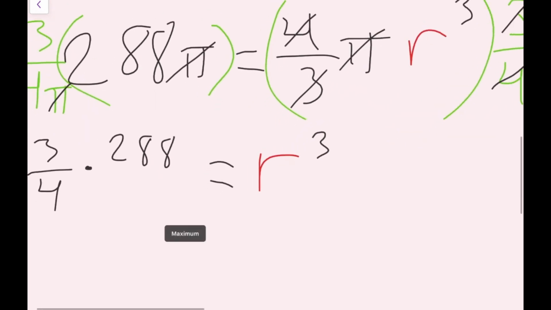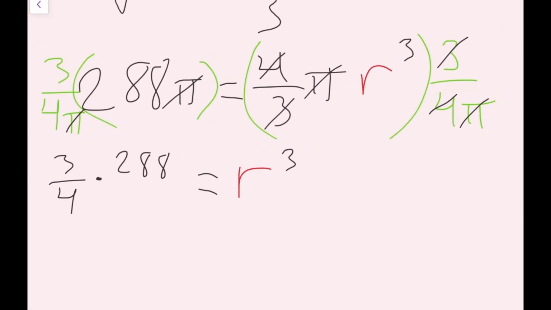So now I'm looking at this fraction 3/4 that is being multiplied by 288. Well, I know that 4 goes into 288 exactly 72 times, because if we divide a 2 out of it, we'd get 144 here, and a 2. If we divided another 2, we'd get 1 and 72. So this becomes 3 times 72, which is equal to r cubed.